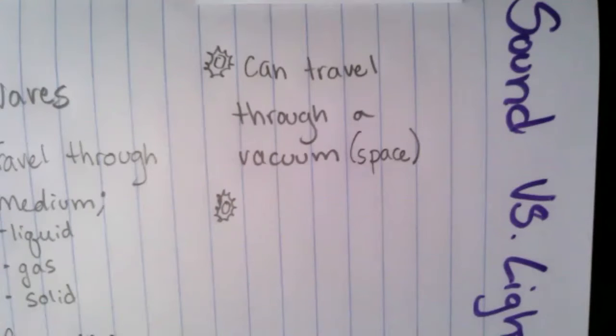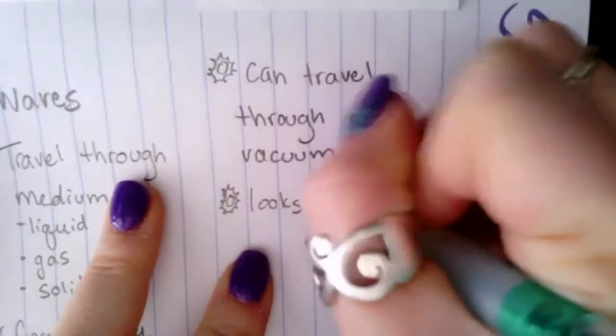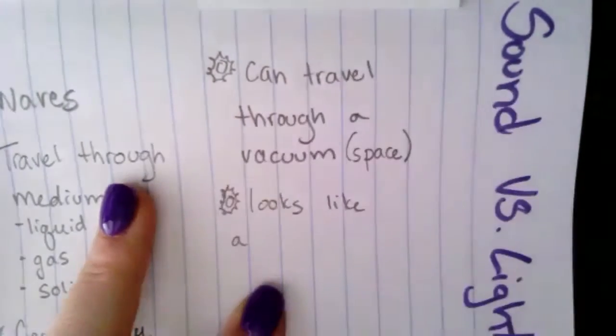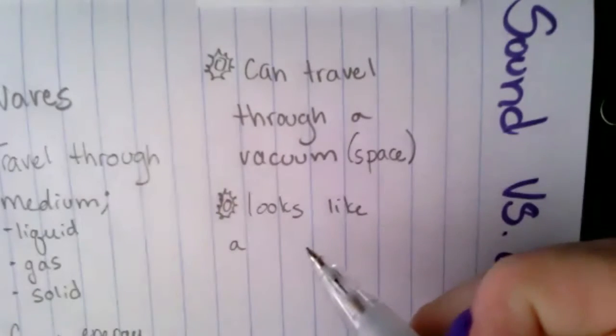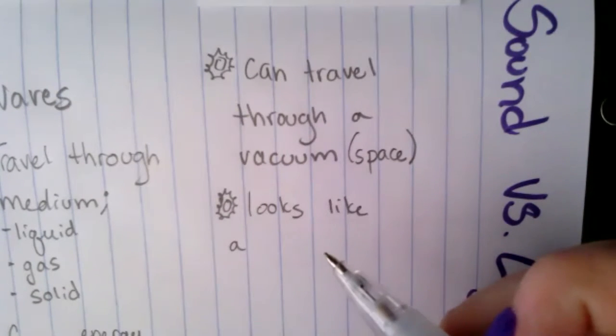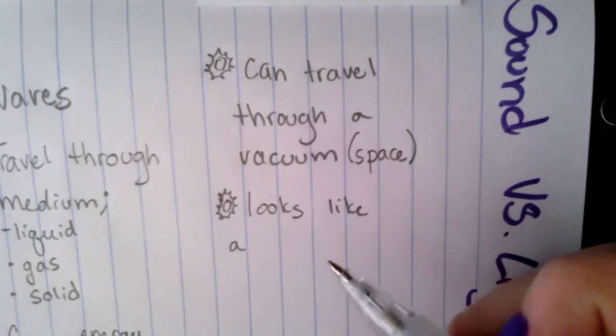Now, how do we think about how we graph light waves? Think about what a light wave graph looks like. How is that different from a sound wave? What type of wave does an electromagnetic wave look like? Thinking like transverse or longitudinal?